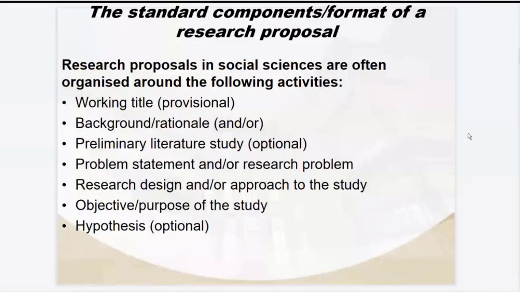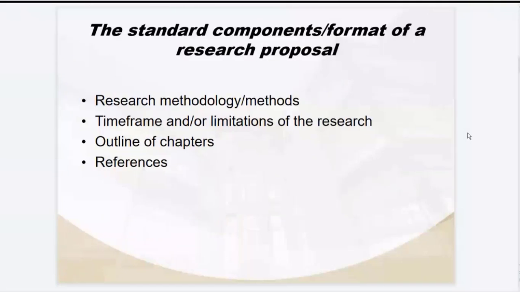Start from a working title, background or rationale, preliminary literature study, which others say is optional, problem statement and/or research problem, research design and/or approach to the study, and the objectives and the purpose of the study, the hypothesis, which others also say is optional, the research methodology or the methods, timeframes and limitation of the research, outline of the chapters and references.